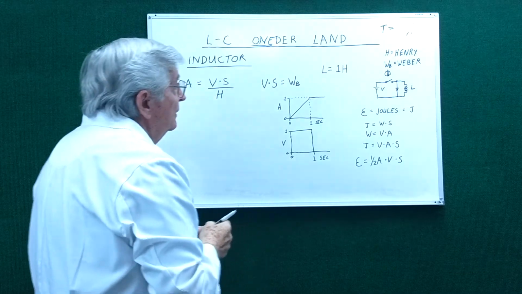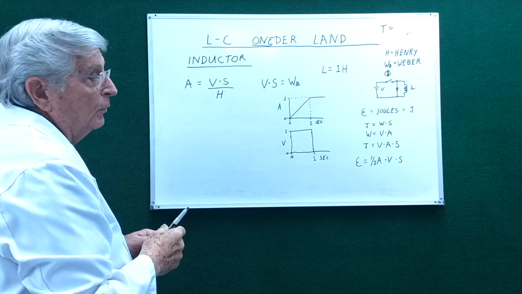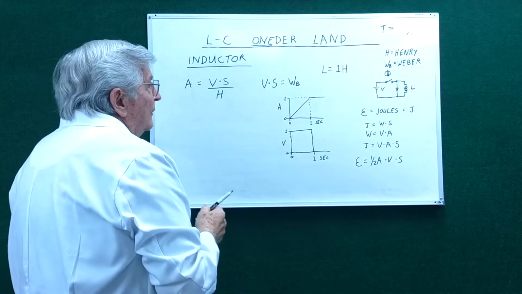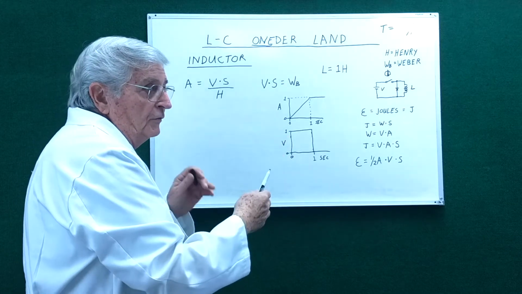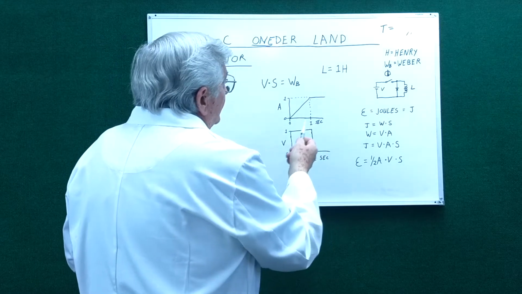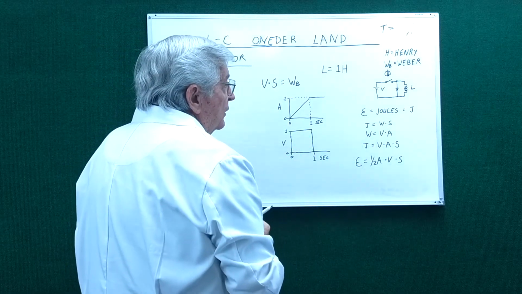Just like with the capacitor, the coulomb was equal to an amp second. So it's all very similar, just some things interchanged. So let's talk about energy again. Here are the same equations we had before.